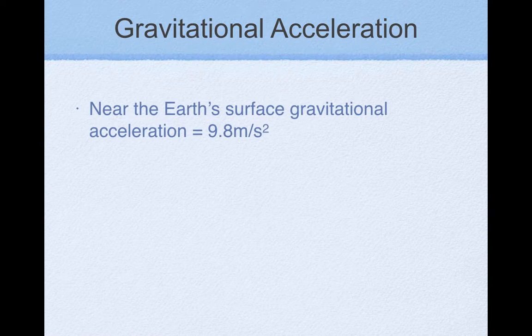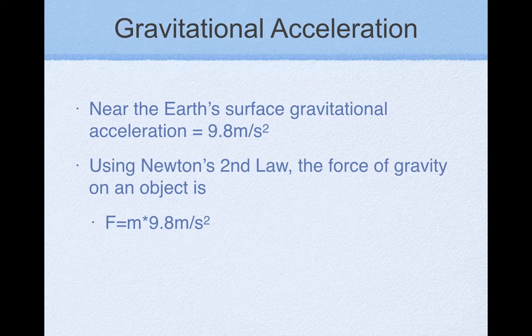Gravitational acceleration near the Earth's surface is 9.8 meters per second squared. Know this number. I cannot stress that enough, 9.8 meters per second squared. If we're talking about the force of gravity on Earth, you can automatically plug in gravitational acceleration as 9.8 meters per second squared.